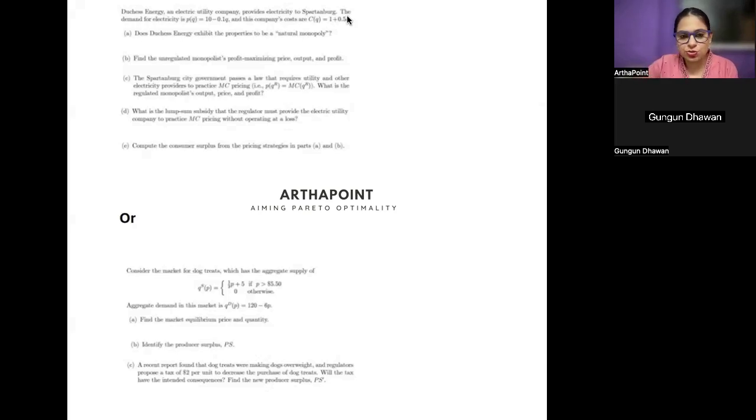And so you're yet to do the E part, you're saying. I solved, I think it should be right. So consumer surplus for unregulated would be 112.8. Correct. And regulated?